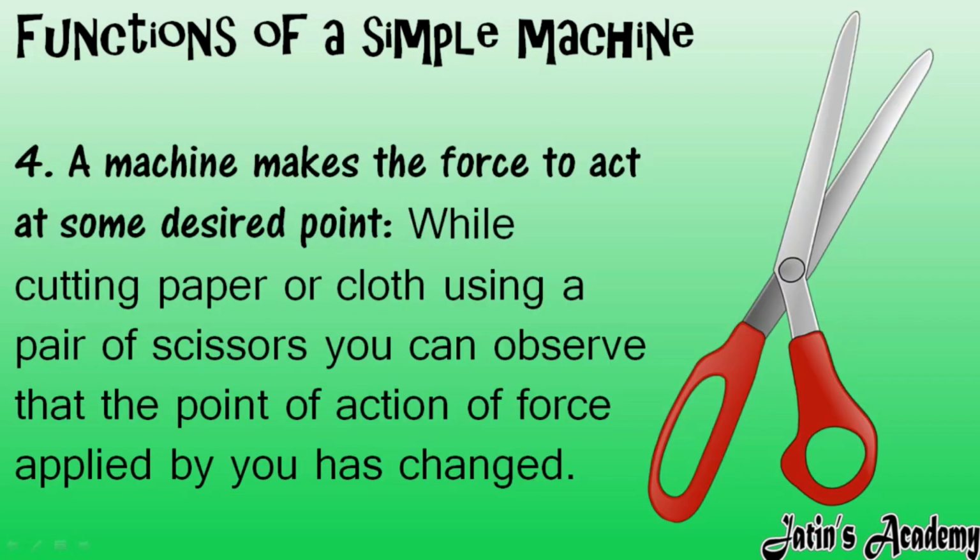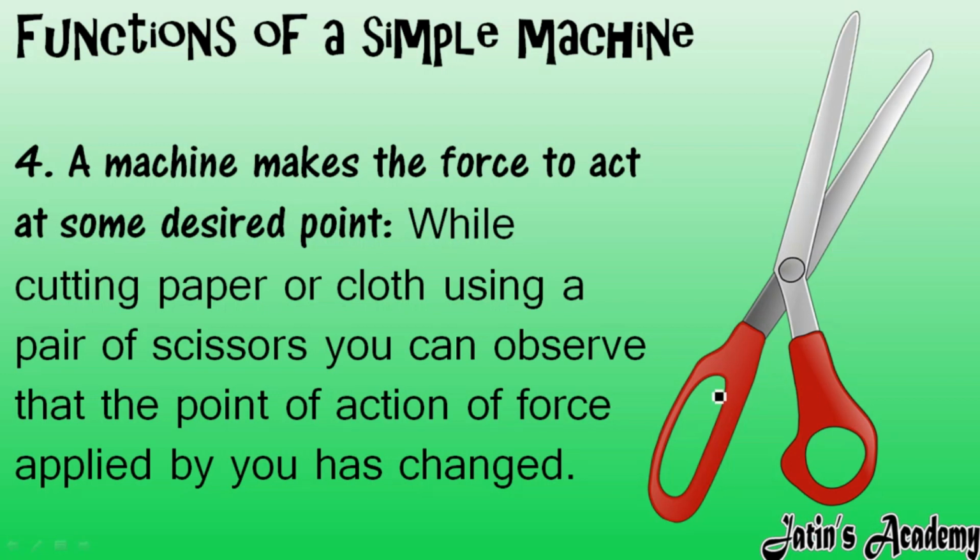The next function of a simple machine is that a machine makes the force act at some desired point. For example, while cutting paper or cloth, we use a pair of scissors. To cut a cloth, firstly we apply force on the handles of the scissors, but what does the scissors do? The scissors apply force on the paper by their long arms.